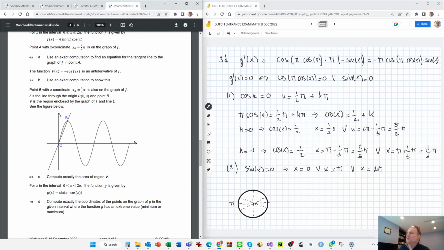And actually, they're asking for the coordinates, so we also need to find the y values of that.